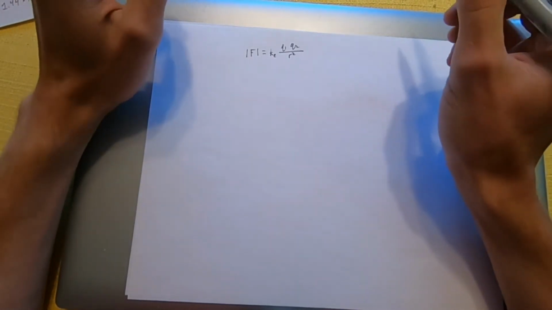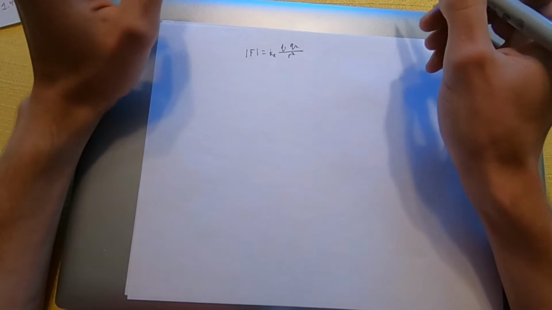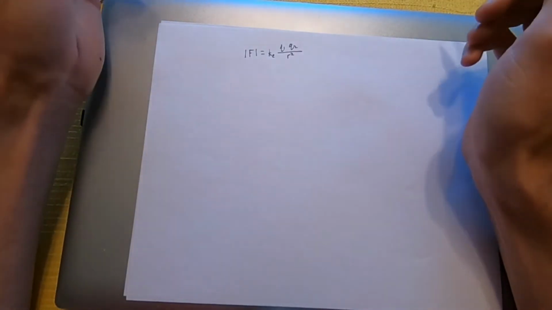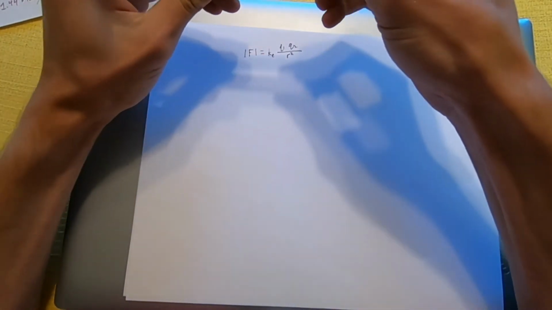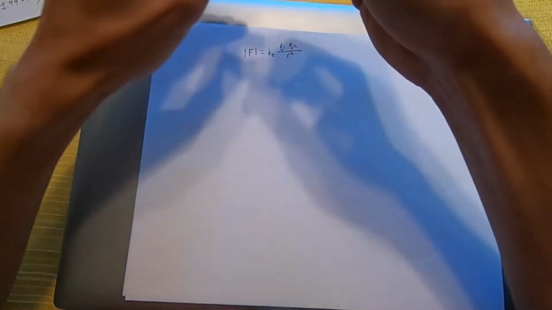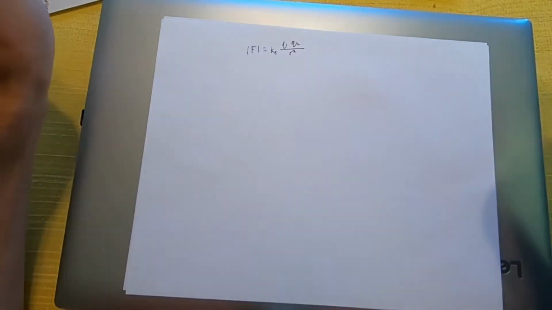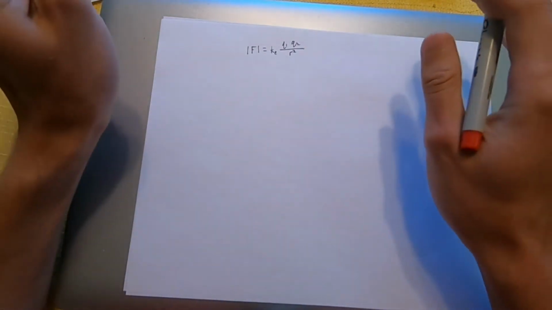But this week we're going to talk about how each of those charges generates fields and how we can calculate the strength of that field at any given point, regardless of how many charges there are.